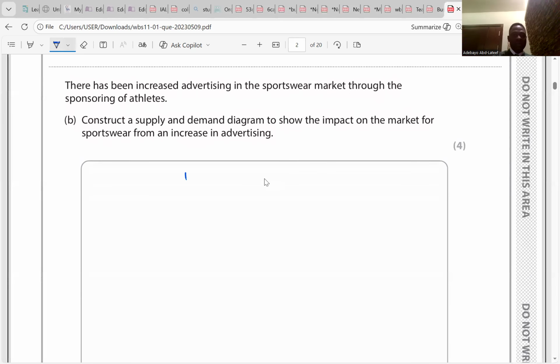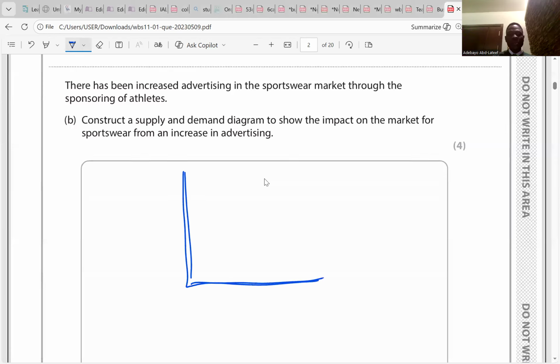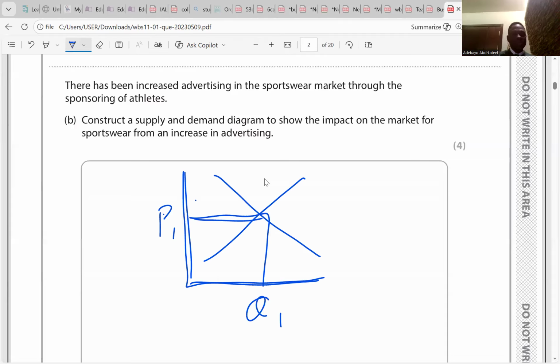So we have my drawing here. We have demand and supply. We have P1, Q1. Then an increase in advertisement will shift the demand curve rightward, from P1 to P2 and Q2.